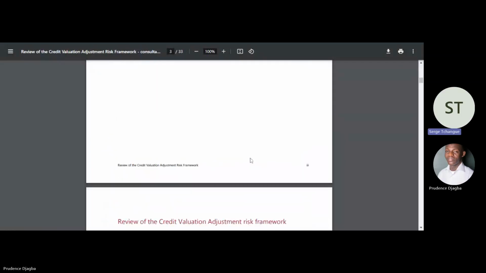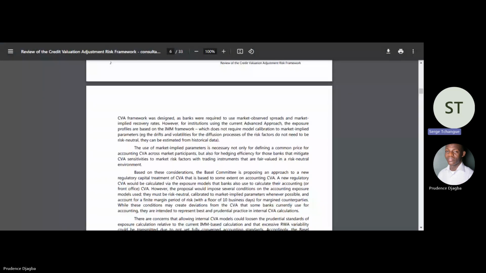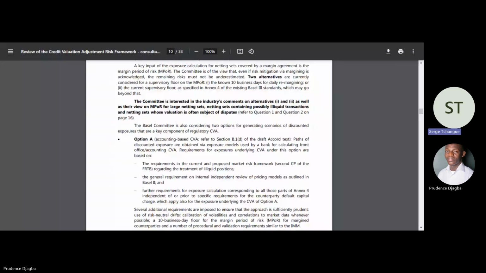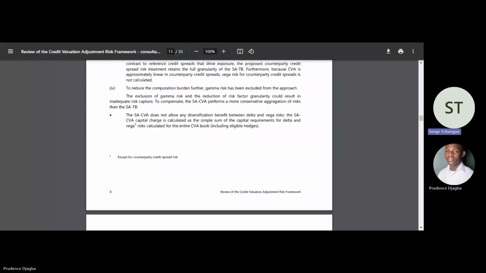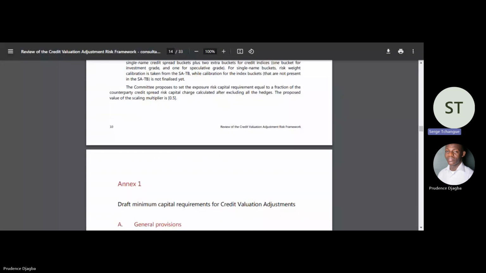I told you that the default probability was, let's say, 1%, which is based on the credit spread, maybe 100 basis points. Now you bump the credit spread and recalculate your PD. Maybe it's now 1.2%.